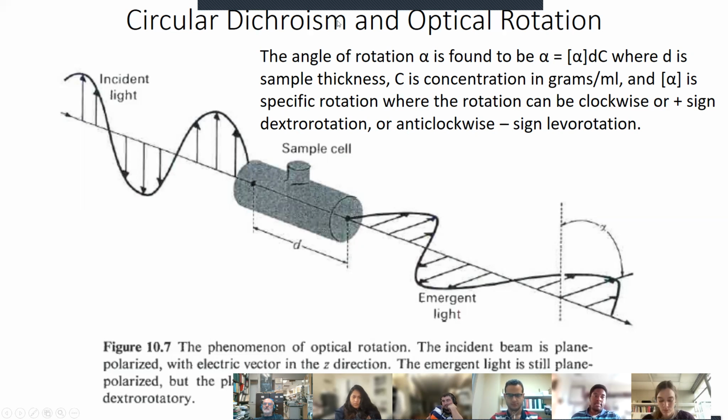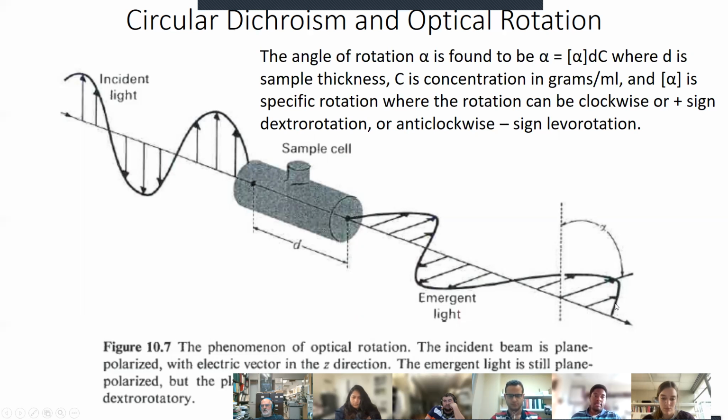In addition to circular dichroism, there's something called optical rotation. And this is described in this figure, where there's a wave of light coming in oriented in the Z direction and goes through a sample, and the light emerges at a different angle.